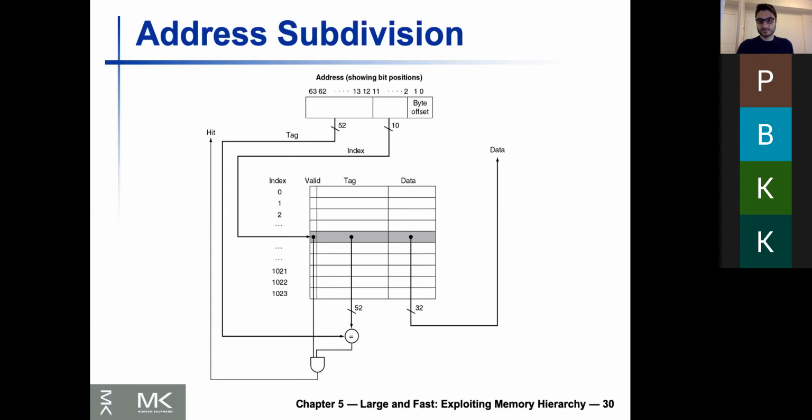Okay, so let's get started. We already talked about the direct map cache, and you understood how easy it is to fetch data when you're trying to reference a memory address.